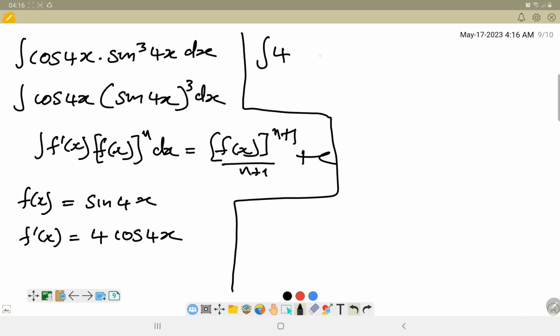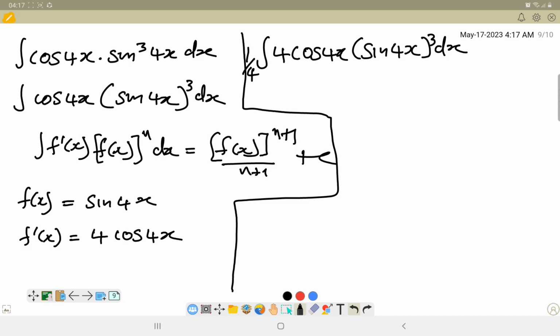So we can multiply cos 4x by 4 to get 4 cos 4x, and then sine 4x all to the power 3 dx. Because we have multiplied by 4, we need to fix our mistake because we need to be mathematically correct.